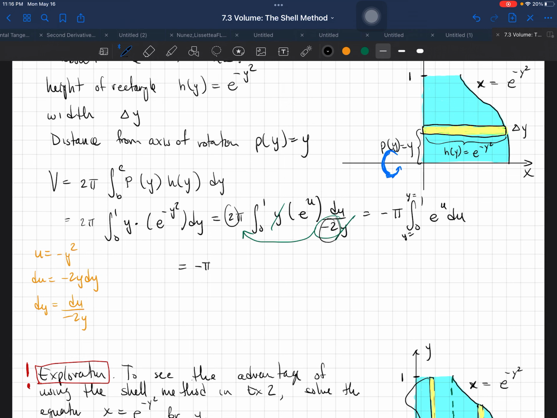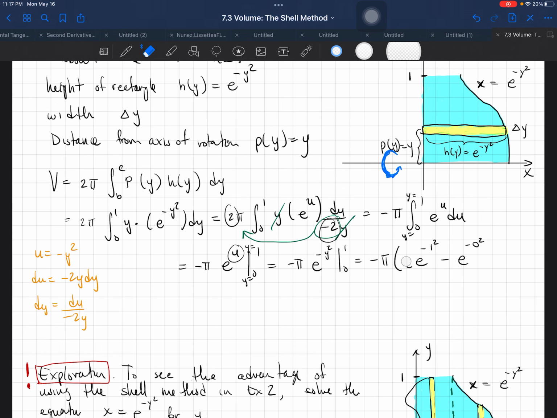So we have negative pi, and then the integral of e to the u is itself, from 0 to 1. But again, these are in terms of y, so we need to rewrite this in terms of y. That will be e to the negative y squared from 0 to 1. Let's plug in our 1 minus the 0.